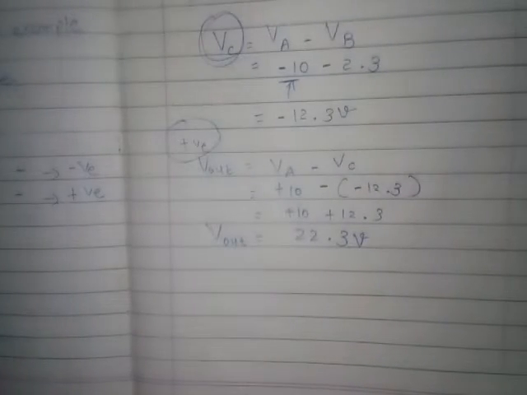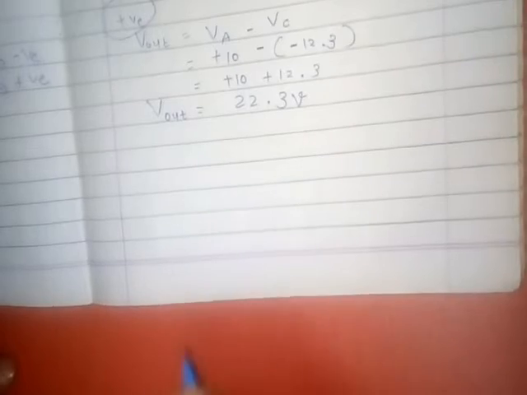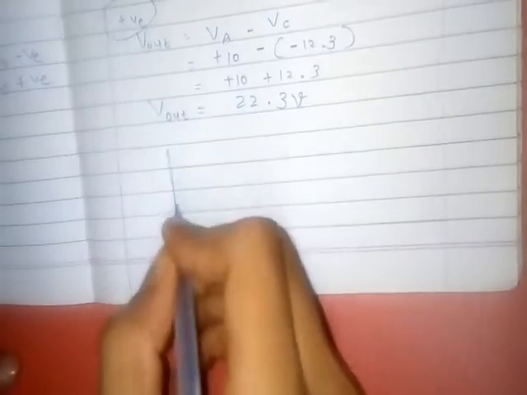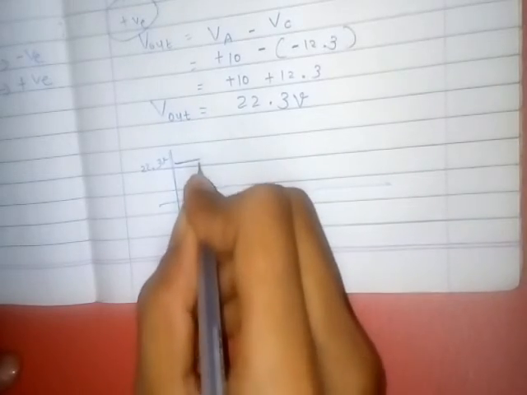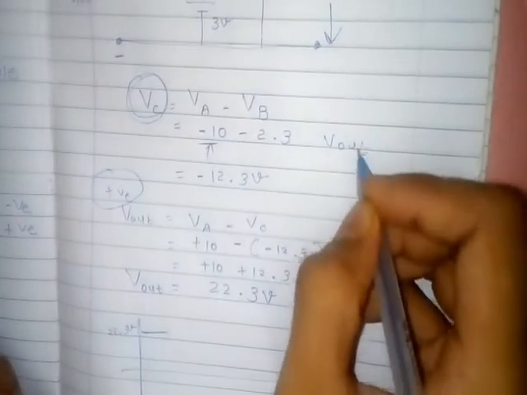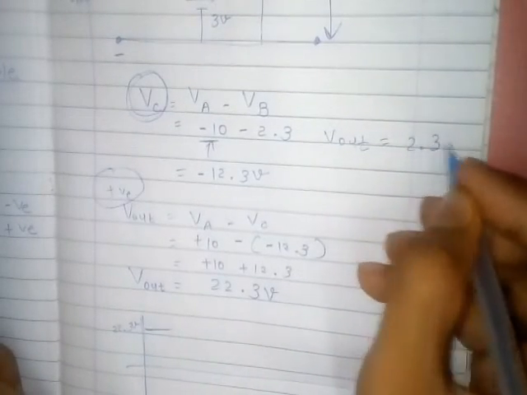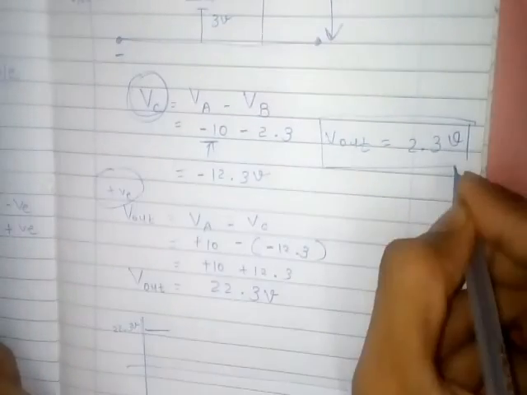Now I will draw the waveform of it. It will look like this. During the positive half cycle we get 22.3 volt, and during the negative half cycle V out is 2.3 volt, that we have done.